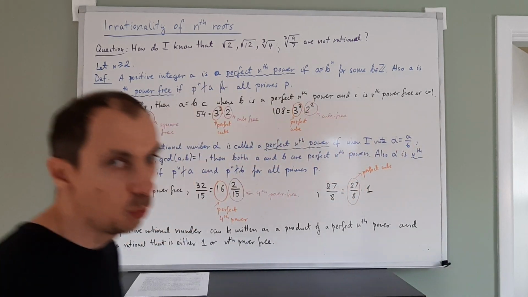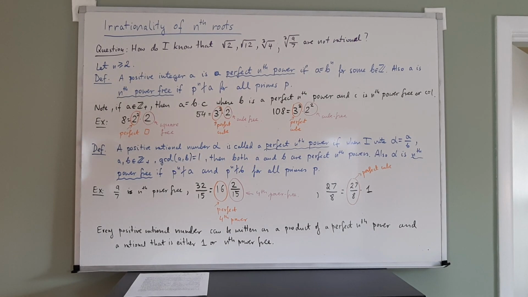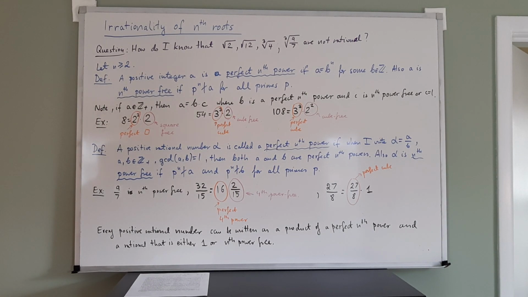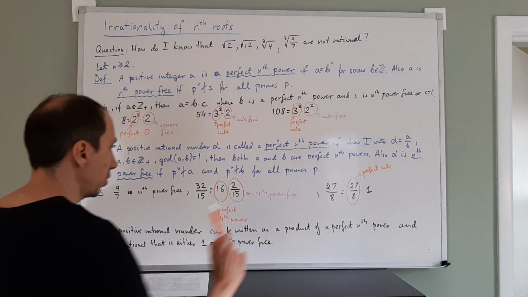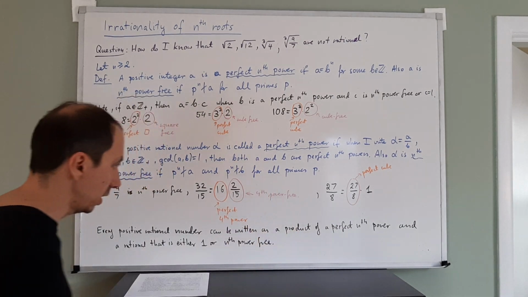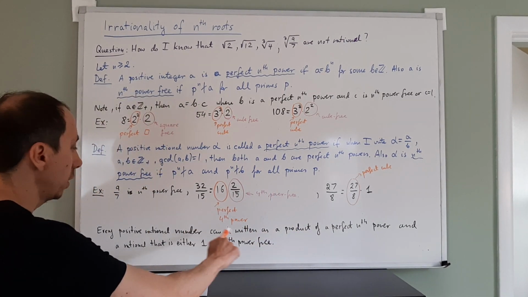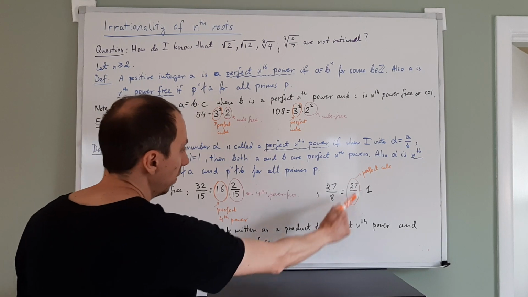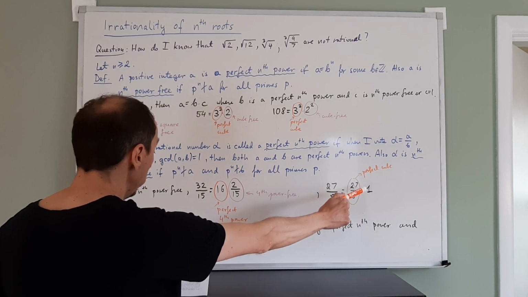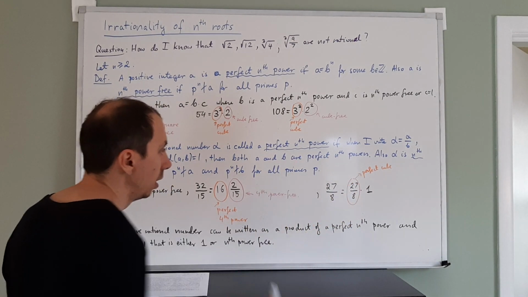And I wouldn't call 1 cube free because, of course, 1 cube is 1. So the correct statement is every positive rational number can be written as a product of a perfect nth power and a rational that is either nth power free or 1.